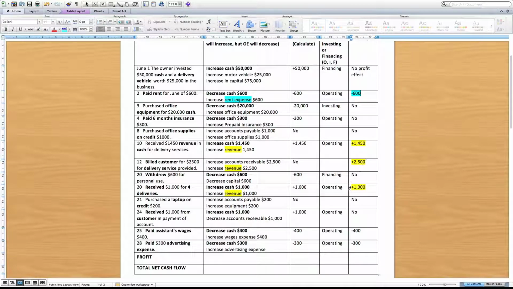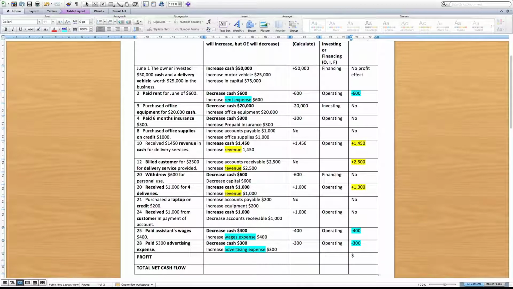Then you have your wages expense of $400. And then your advertising expense. Oops, I did leave that $300 out of there. Okay, so subtract off that money. So you're subtracting off $1,300 in expenses.